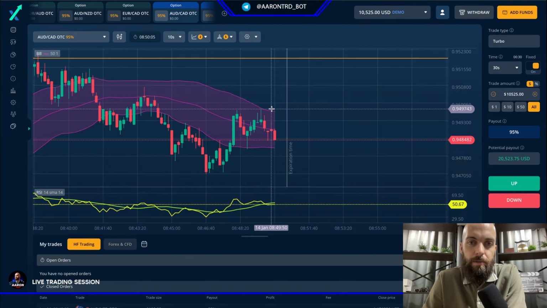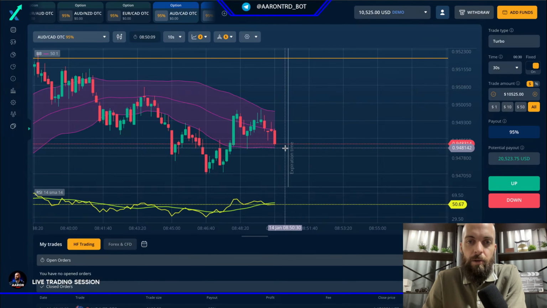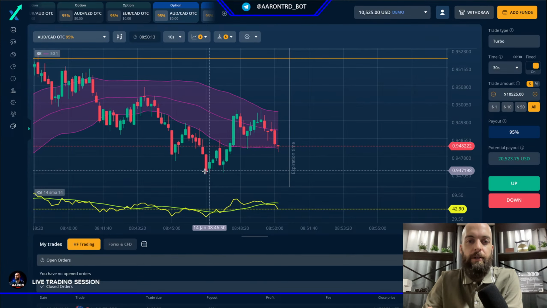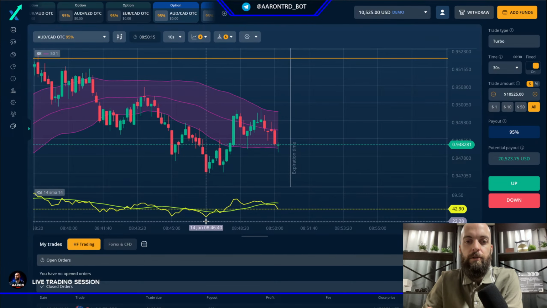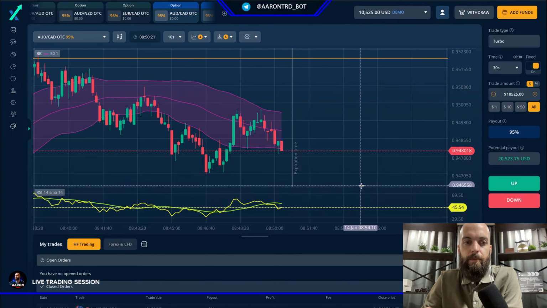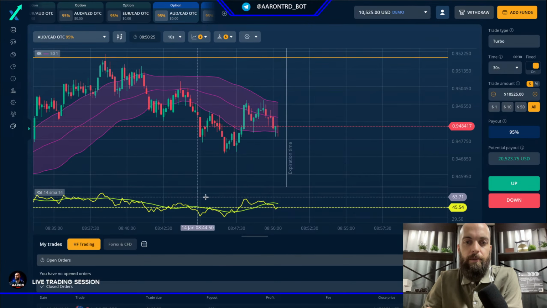It's a pretty good movement here. Price hits the top, divergence down, we've got a lower move. Price hit the same level, divergence going up, broke through. Here as well, not so much.